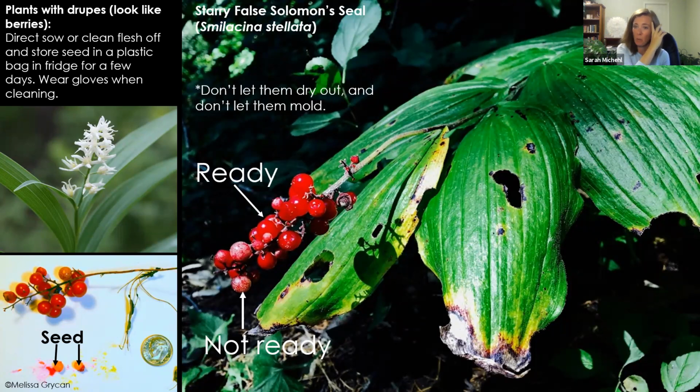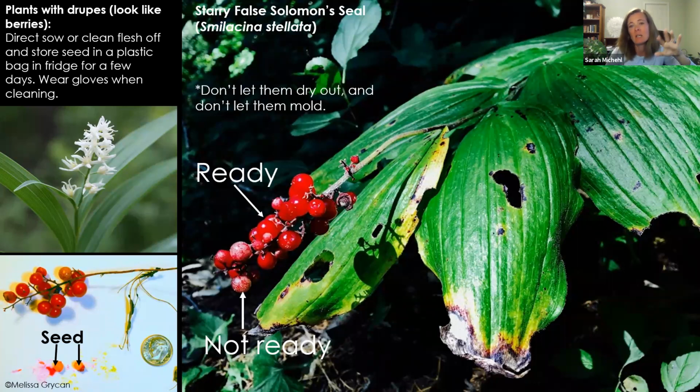This brings up a good point that, again, some people react negatively. They can get a little rash or something from some of the juices in some of these drupes. I've never really reacted to them, but some people do. So just wear some thin gloves, not a big deal. And you can see on the same cluster, there are some that are ready to be collected and some that aren't. So again, our 30% rule.